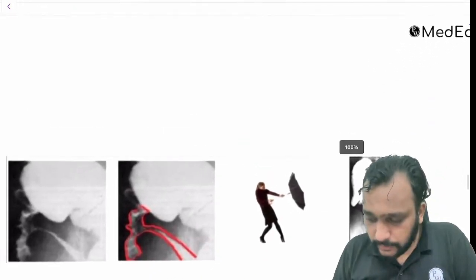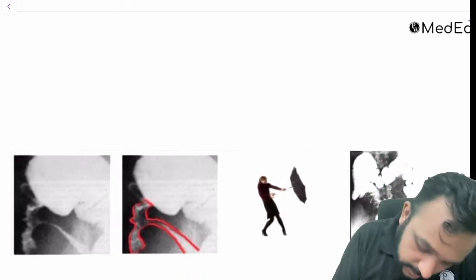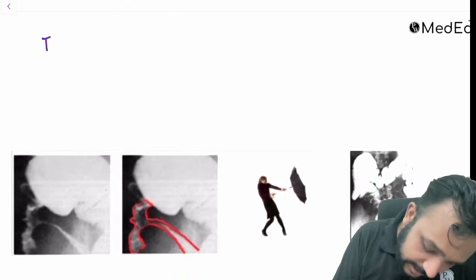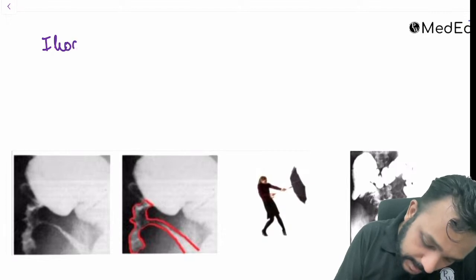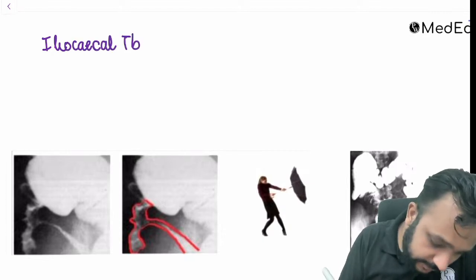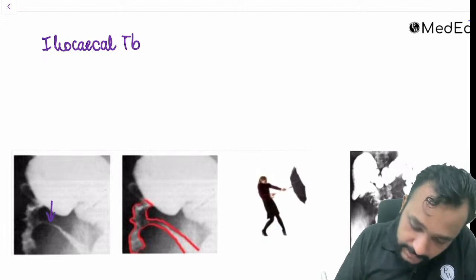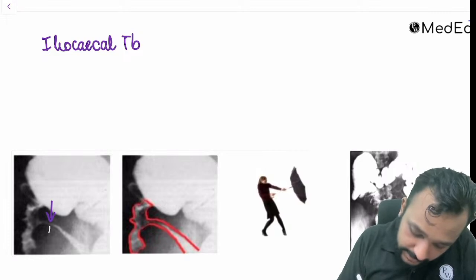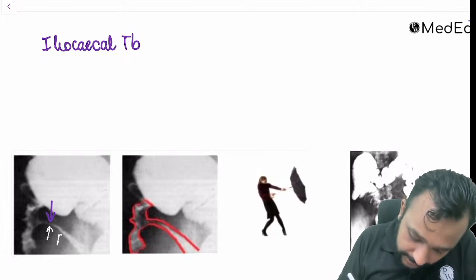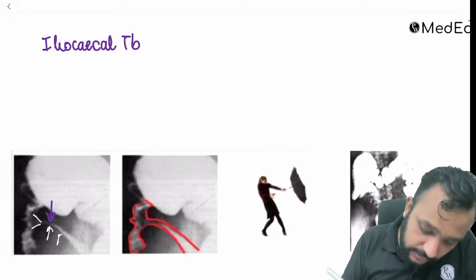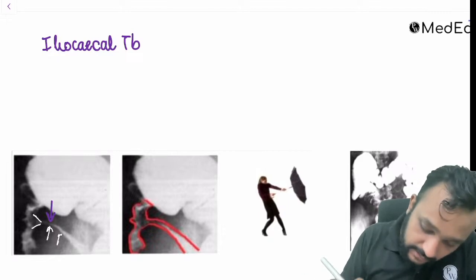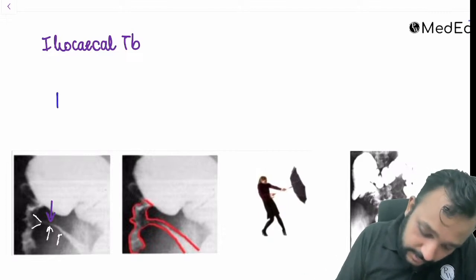Now guys, talking about ileocecal TB, ileocecal tuberculosis, important signs as far as radiology is concerned. In ileocecal TB, you will see thickening of the terminal ileum with widening of the ileocecal valve.